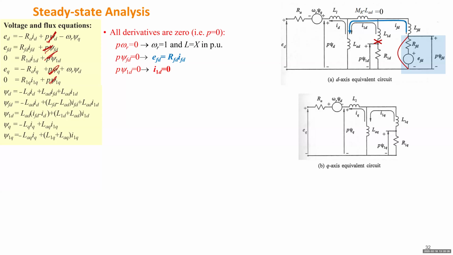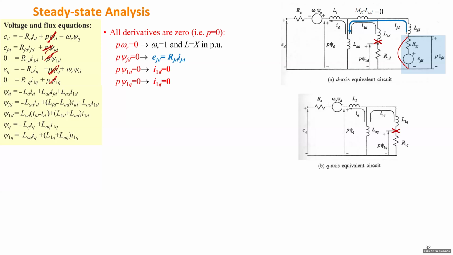If this voltage is zero, there's no induced current. The damper current in the D axis, I1D, will be zero. Because this damper winding current comes from the variation of this flux, and under steady state condition there's no oscillation of the rotor, so no damper winding current is induced. So the damper winding current is zero.